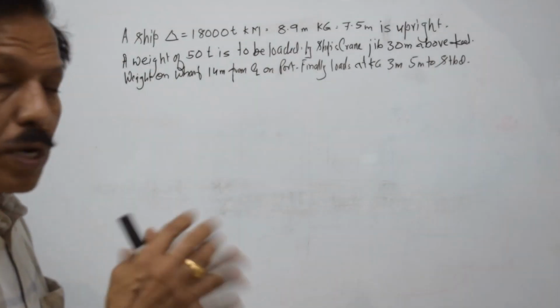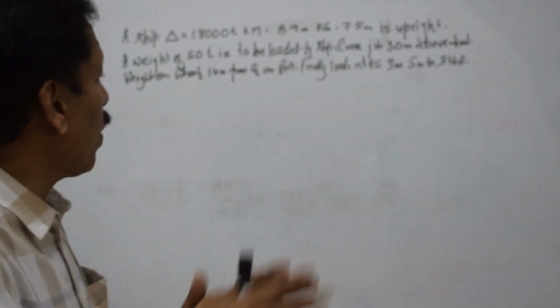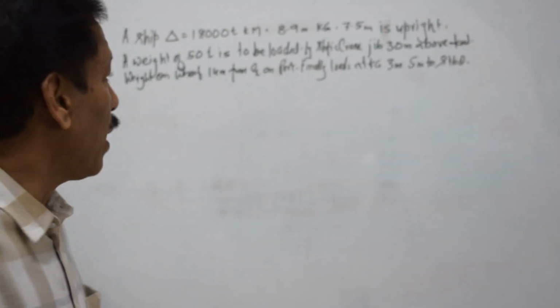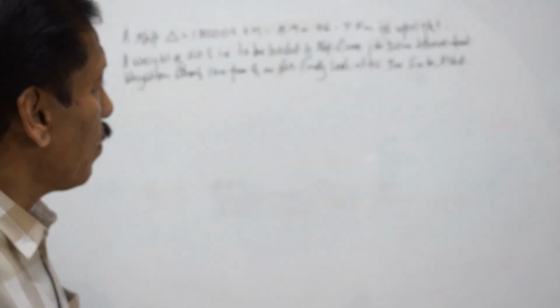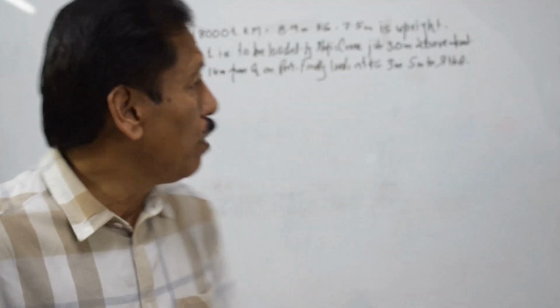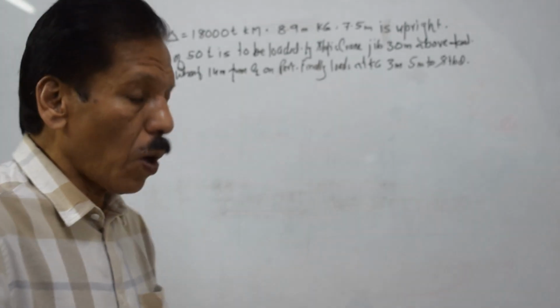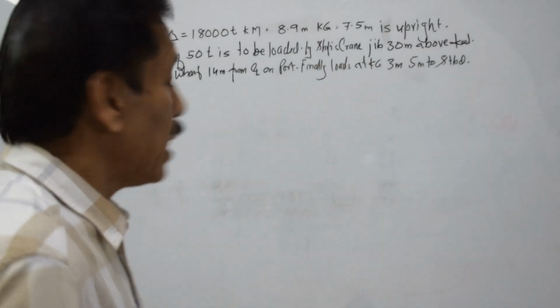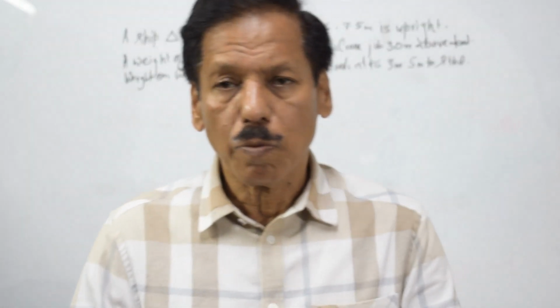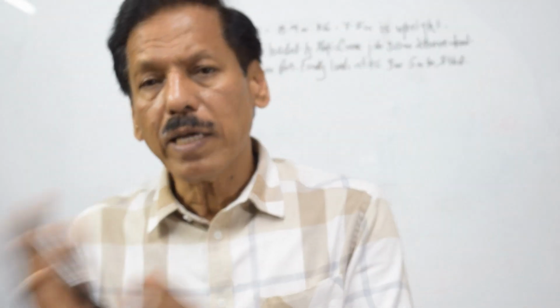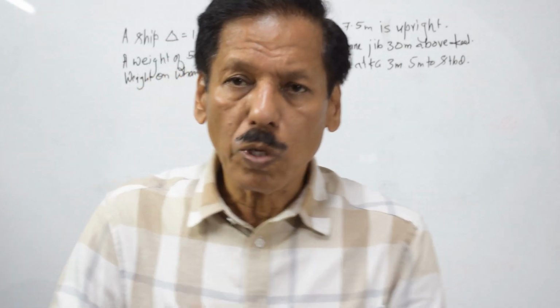The weight on the wharf is placed 14 meters from the center line on the port side. Finally, the load has to come at a KG of 3 meters and 5 meters to the starboard on the ship. It is required to find out what is the maximum list that will happen during the operation and what will be the final list once the weight is loaded on the ship.